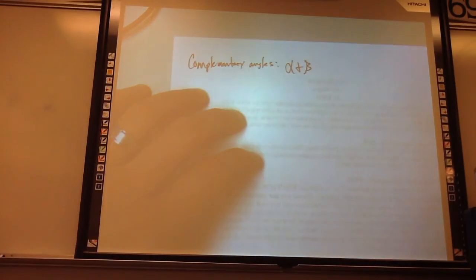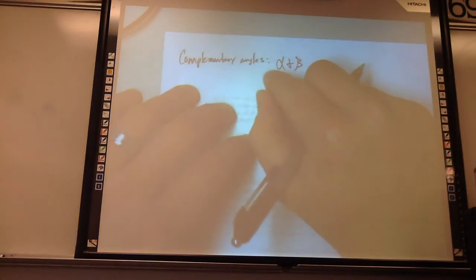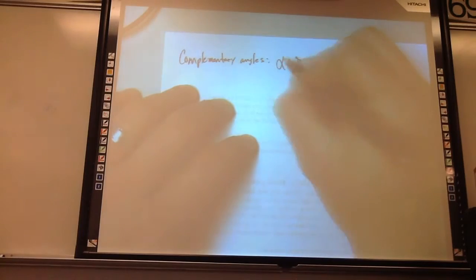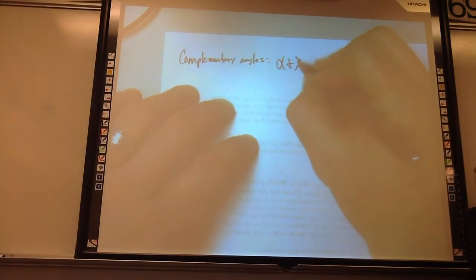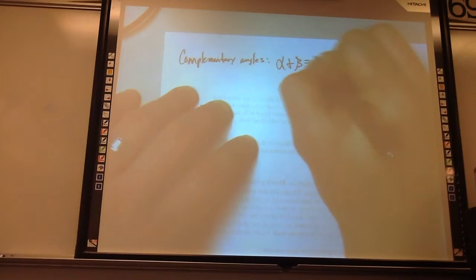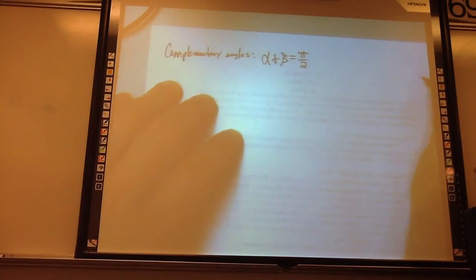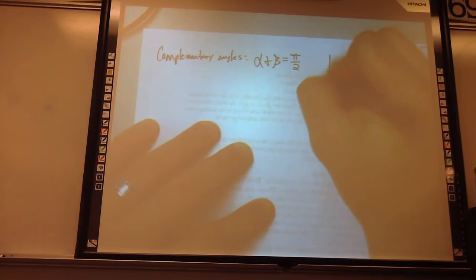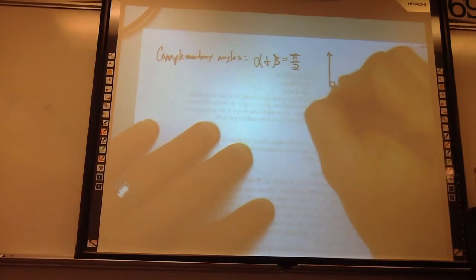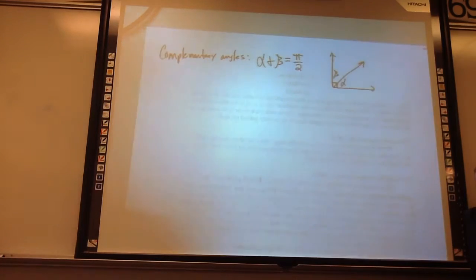Those are just Greek letters, like pi. Alpha is like an A with a little thing that pops up, and beta is almost a cursive B. They'll add up to pi over 2. That's the same picture as we drew before. If you have a right angle, alpha and beta add up to pi over 2.